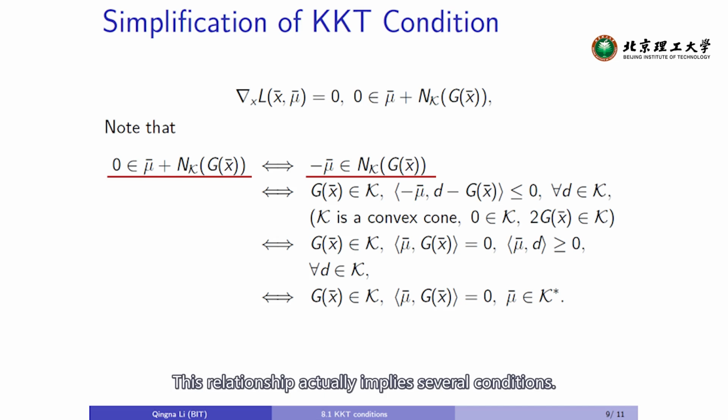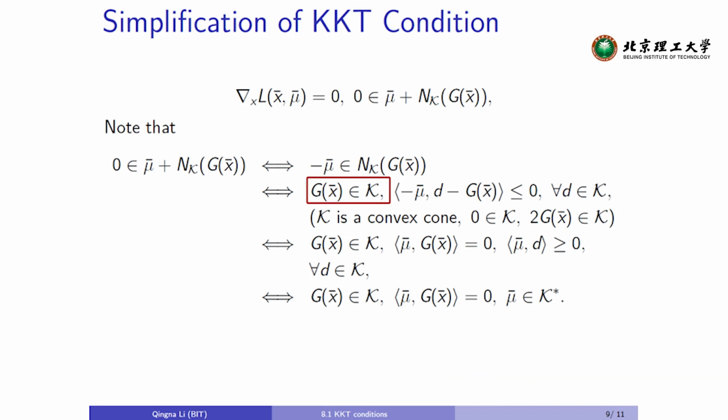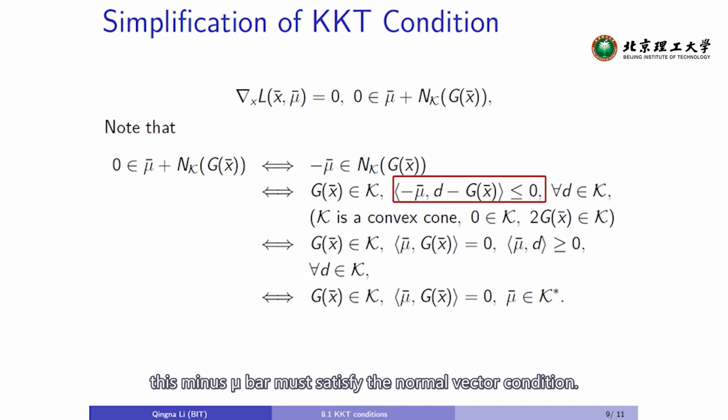This relationship actually implies several conditions. The first one is that g(x bar) must be a feasible point of K, okay? Another implication is that by the definition of the normal cone, this minus mu bar must satisfy the normal vector condition.